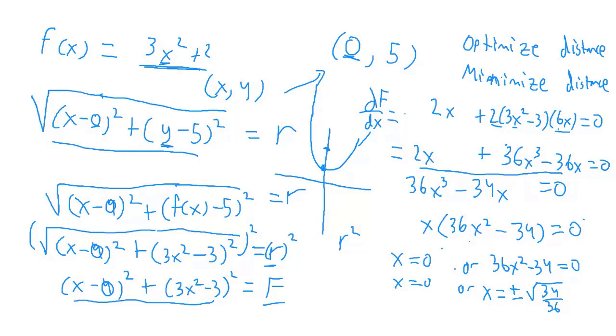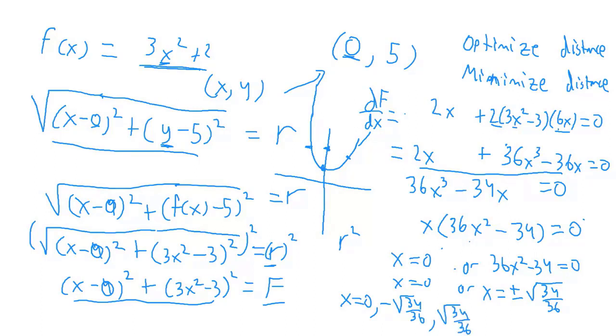But you can think of it like a semicircle around that point. There are going to be 3 points here, which should all be equidistant from this one point in the middle, 0 comma 5. And those are given by these x values: x equals 0, minus root 34 over 36, and root 34 over 36.